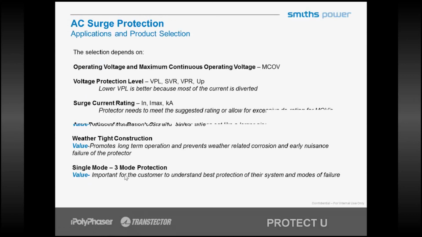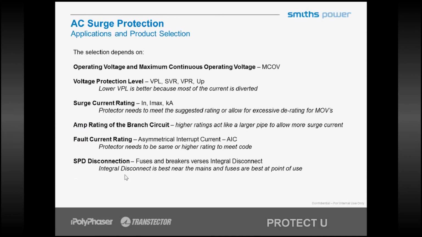The AC protection products need to have a maximum continuing operating voltage to indicate the voltage levels it can be applied on. The voltage protection level is important to the customer. Lower VPL is better to divert more current. Surge current rating needs to meet the suggested standards and allow for derating if you're using metal oxide varistor. The amp rating of the branch circuit.